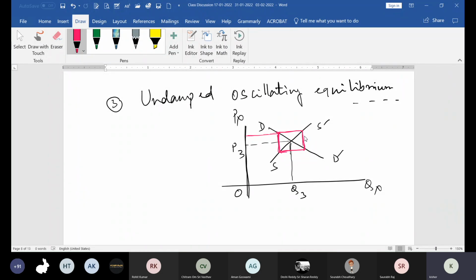Why? Because from here, what you are getting is simple information: when your price is more, demand will decrease. In normal commodities, I'm talking about the normal case, when price is more, demand is less. When price is less, demand is more.